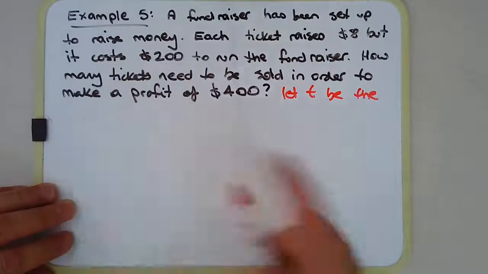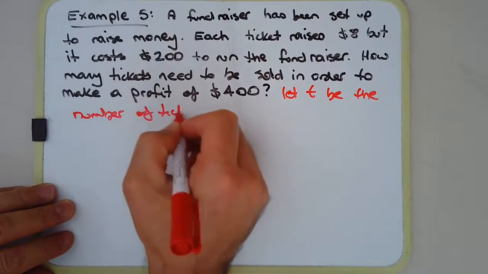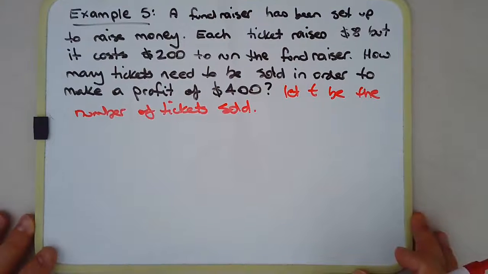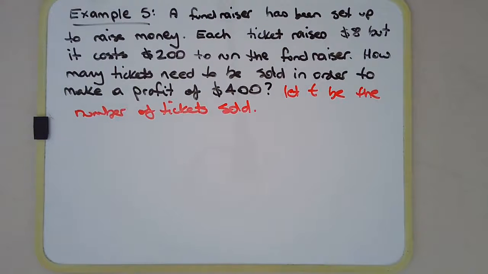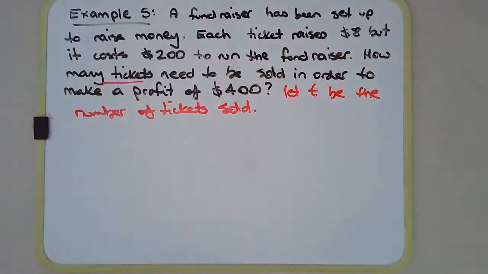Let T be the number of tickets sold. That's probably better, because really what we want to find is the number of tickets. So let the pronumeral T be the number of tickets sold. I'm happy with that.